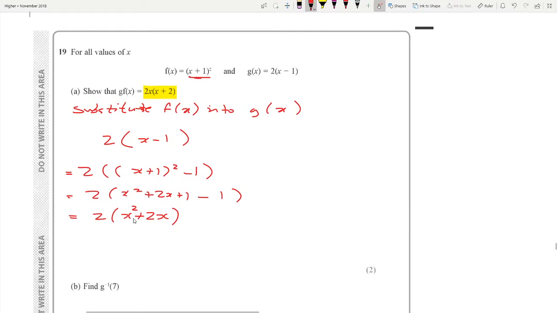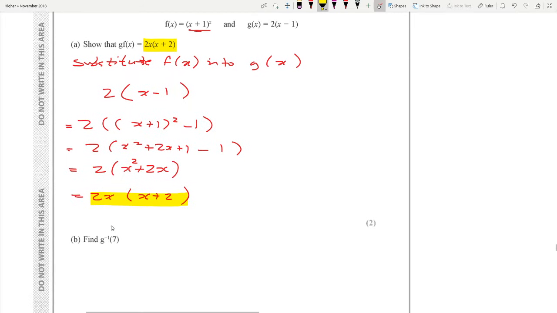All we need to do, we've got an x squared and we have x here. We can factorize that by taking out a common x. So that becomes 2x(x plus 2). And that's the answer here for 2 marks. We've shown that it is 2x(x plus 2).